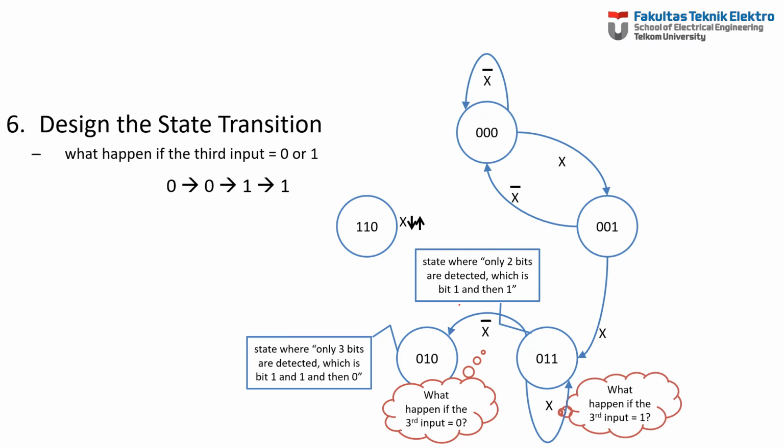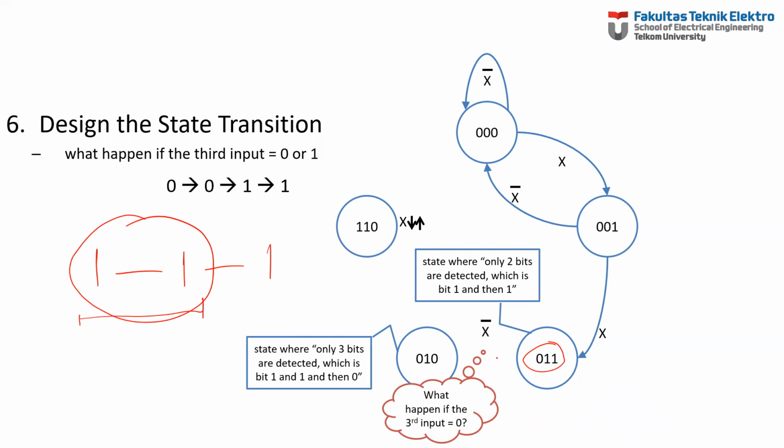That's because if the input is 1, and then 1, and then 1, we are still in the state where 2 bits are detected. This is the state where 2 bits are detected, 1 and 1. So because 1, 1, 1 is still 2 bits of 1, it will stay there.